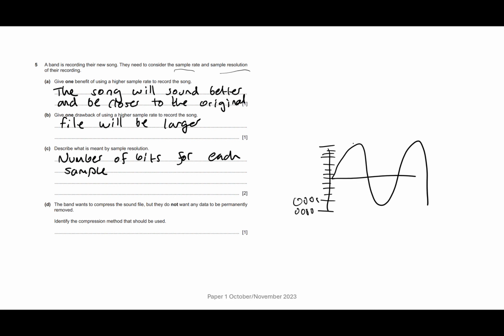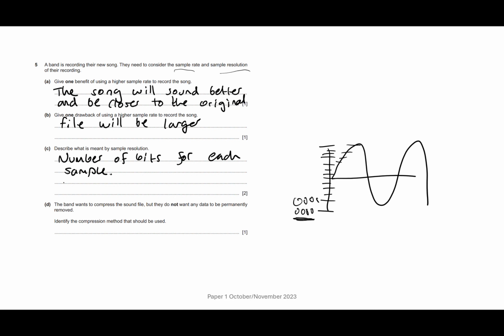So what these samples are doing, if you look, they are defining the height of the sound wave. So what is meant by sample resolution? So it's the number of bits we need for each sample. And what does it do? It defines the height of the sound wave.